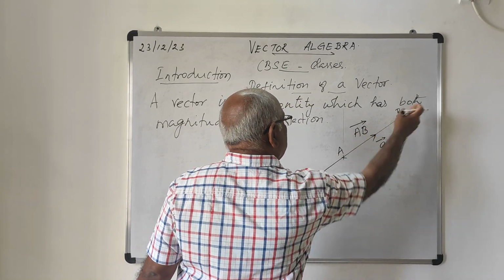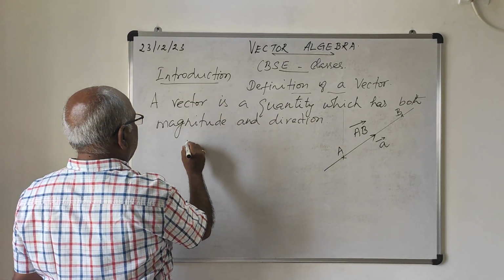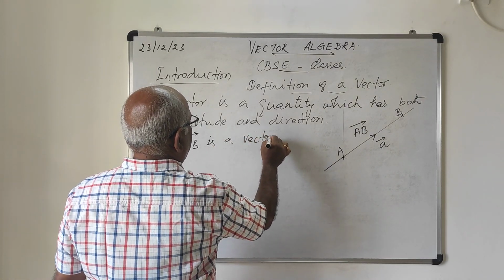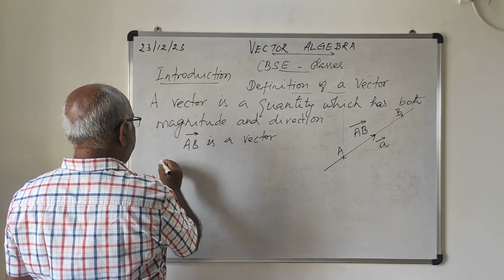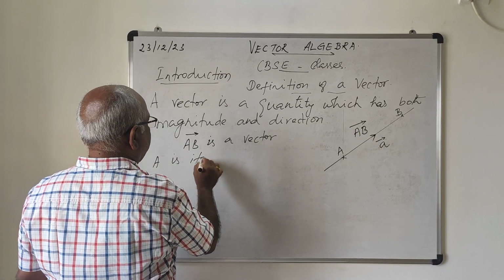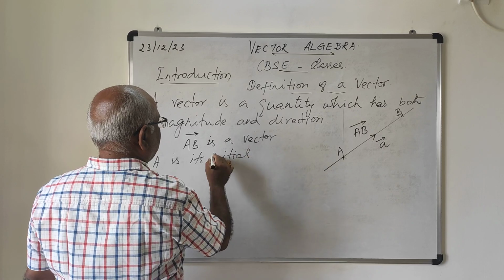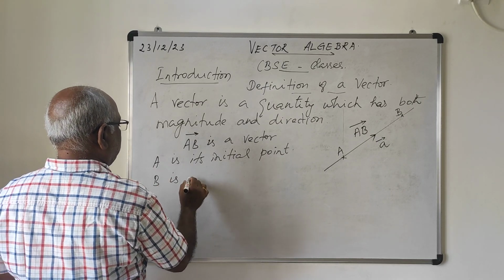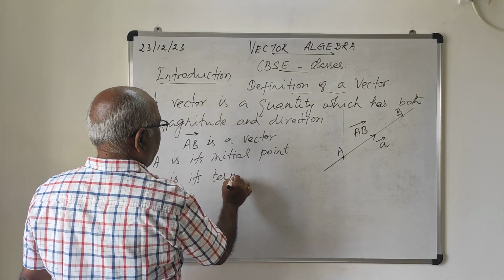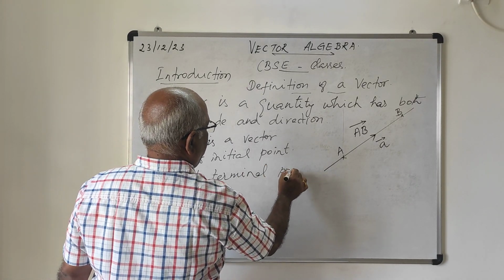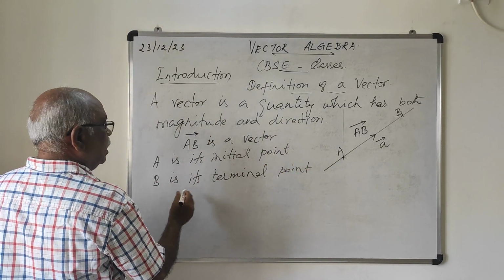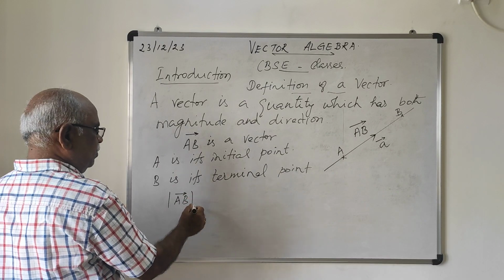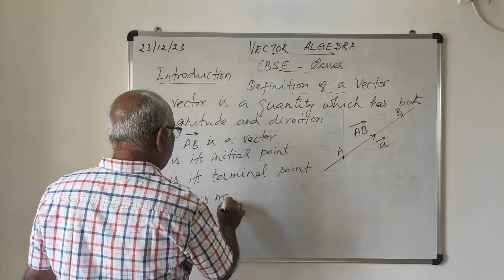The direction of the vector is from A to B. So AB is a vector whose initial point is A and whose terminal point is B, and modulus of AB is the magnitude of the vector.